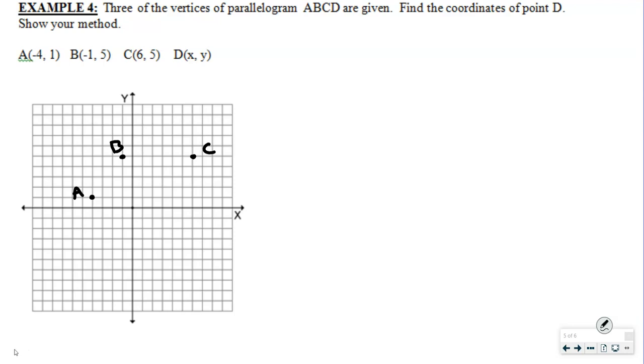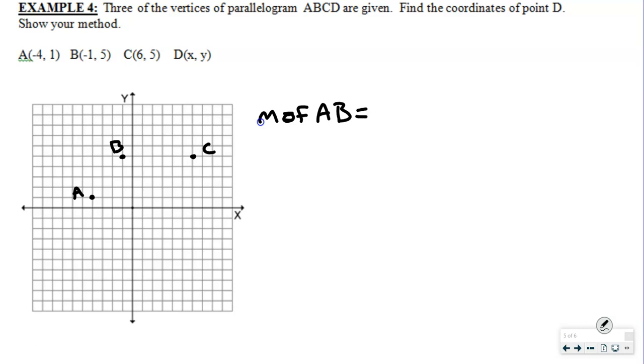So slope of AB, I can just count up, or I can use my slope formula. So if I'm looking at slope of AB, I guess just write it all out.